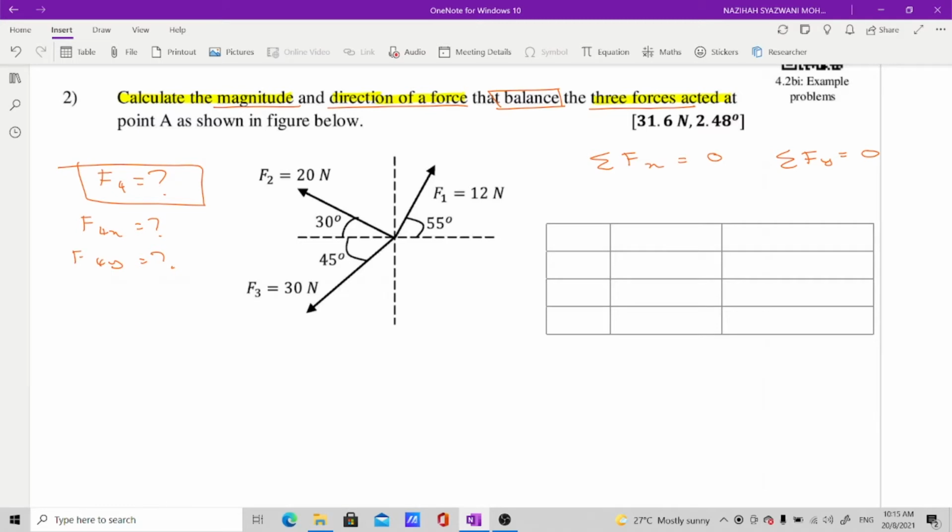Okay, let's do this together. So we have F1, F2, F3, F4. This is the X component and this is the Y component.